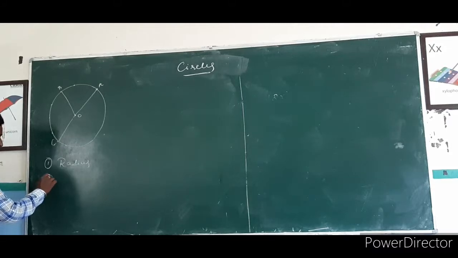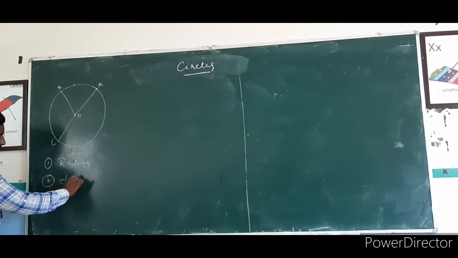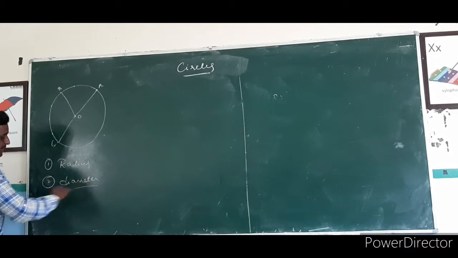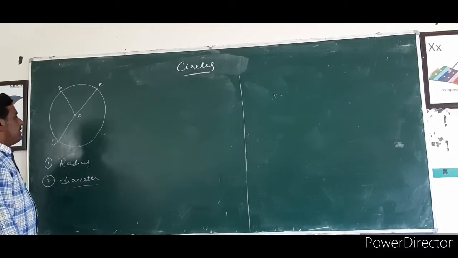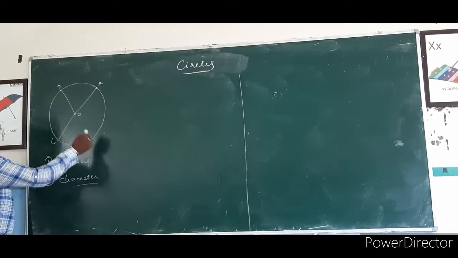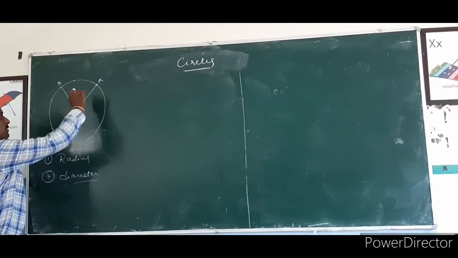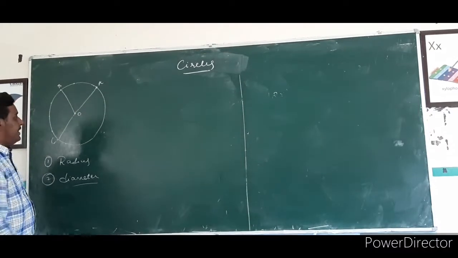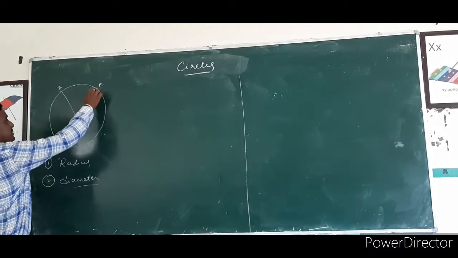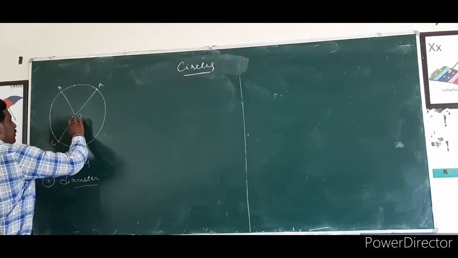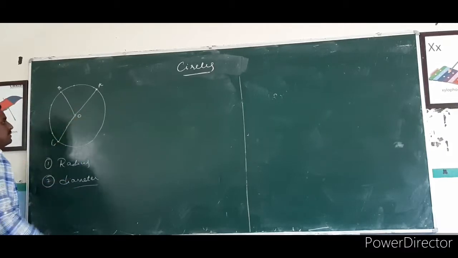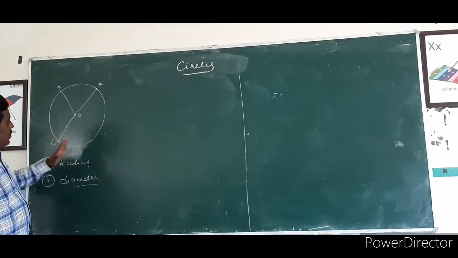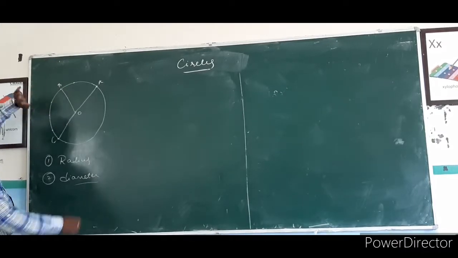Next is diameter. Diameter is the line segment joining any two points on the circumference by passing through the center. Look here.